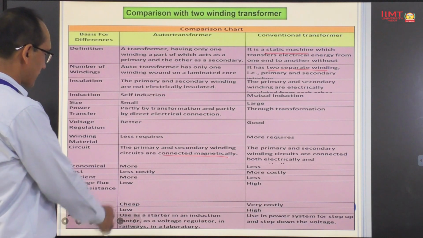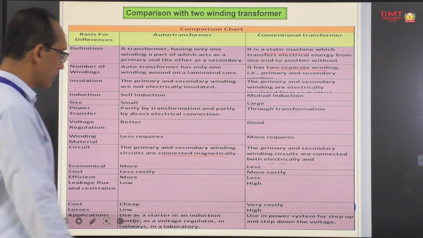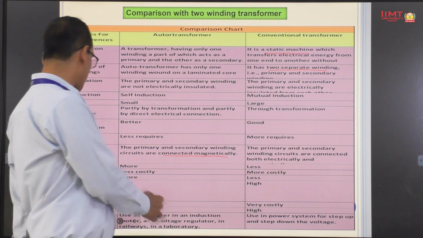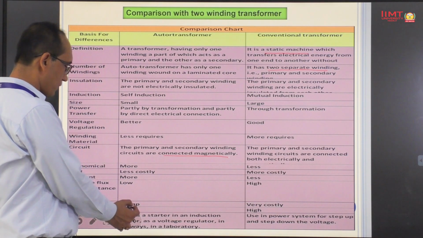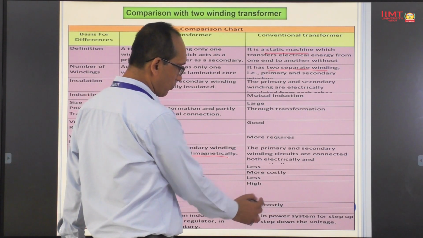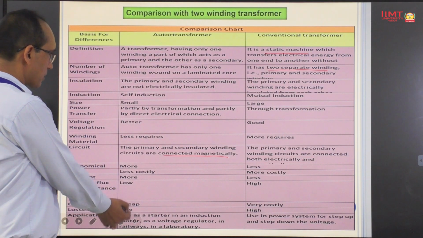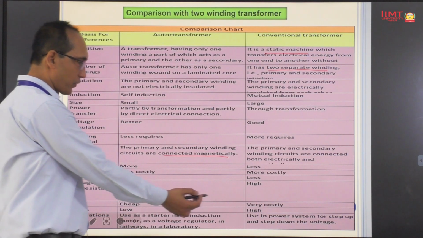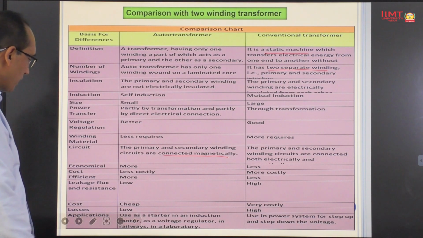Leakage flux and resistance are low in case of single phase auto transformer as compared to two winding transformer, in which leakage flux is comparatively higher. Cost: cheap, and in case of two winding transformer it is costlier. Losses we earlier had discussed. Copper loss is very low as compared to two winding transformer because it has the single winding system.